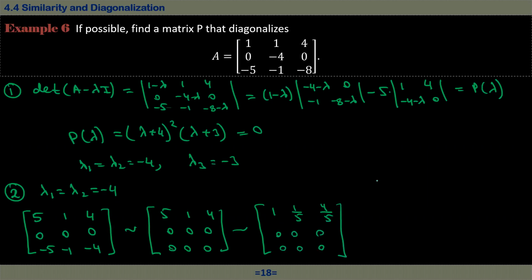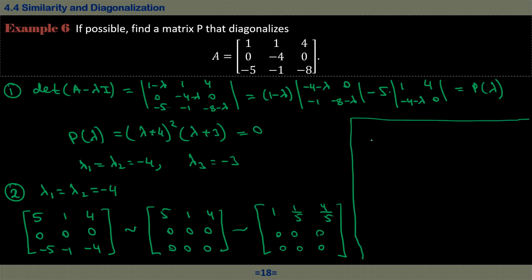Which means that x1 plus 1 over 5 x2 plus 4 over 5 x3 is equal to 0. I need only one eigenvector. So one eigenvector corresponding to this eigenvalue will be, okay, I need more space, I think.